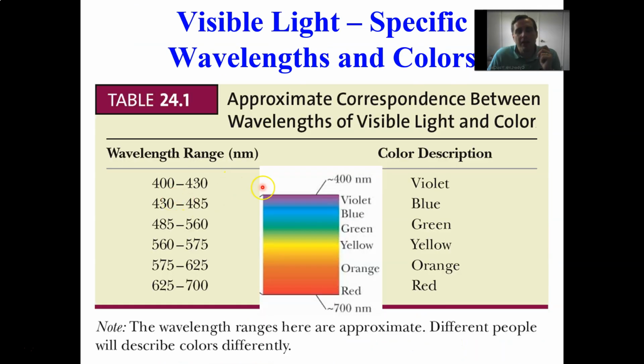So what about the wavelength ranges for visible light in the specific colors? So here you see red and orange and yellow and green and blue and violet. Notice that the primary colors of visible light, namely red and green, and then also blue, have the largest wavelength ranges for our eyes to see.